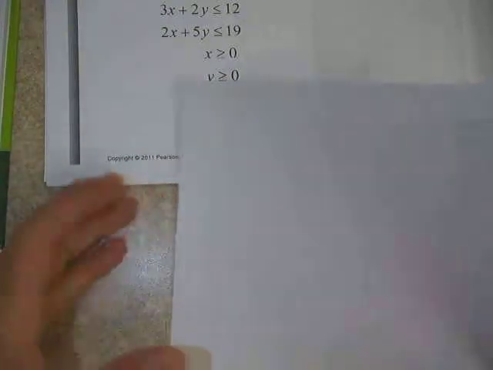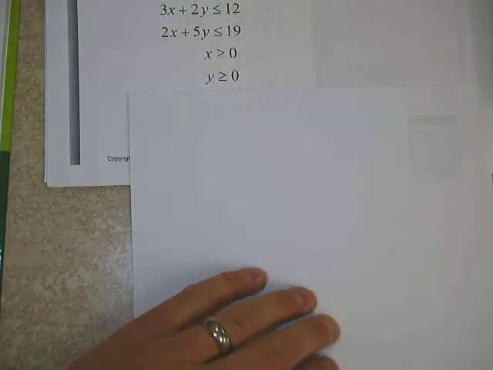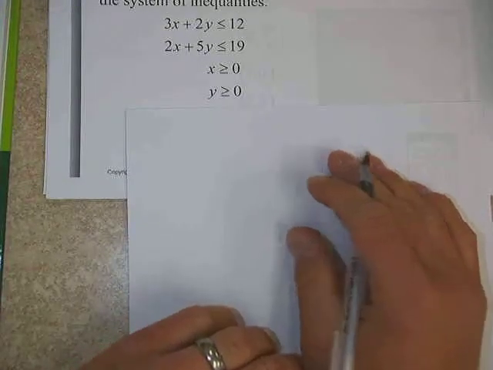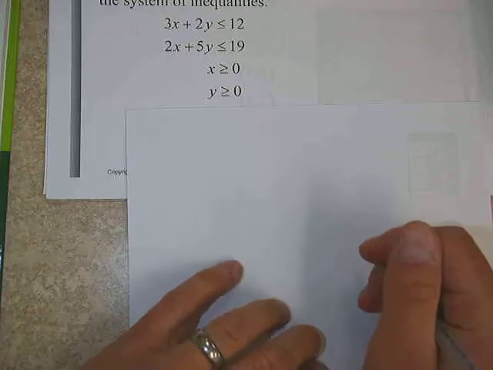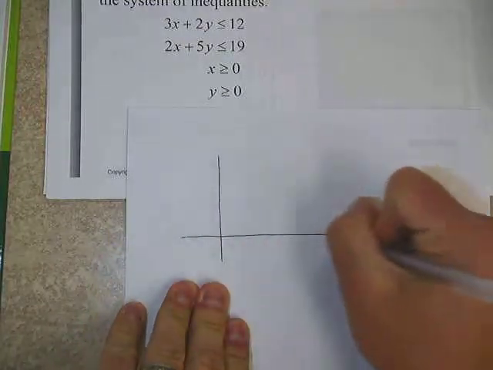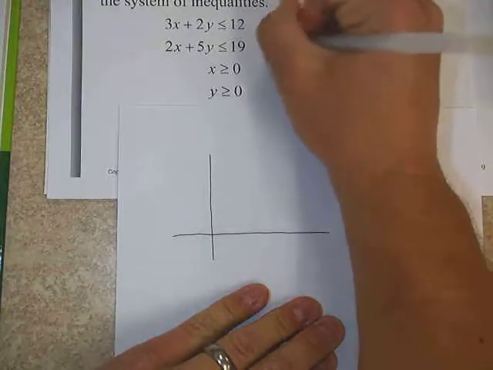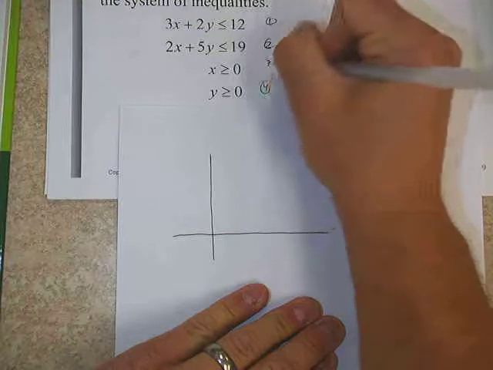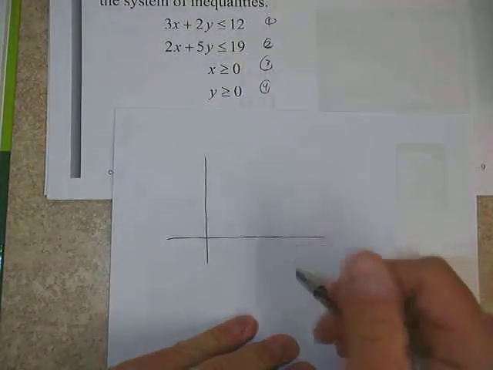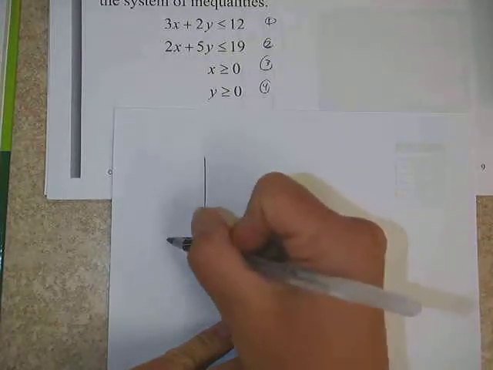Now, you can do this one of two ways. You can draw it by hand, certainly. For time's sake, I would probably use my calculator to find the intersection points that we're going to be after in a minute. But just to get an idea of what the picture looks like, if I label these numbers 1, 2, 3, and 4 and graph all of them, I'm going to graph 3 and 4 first because they really are already graphed here.